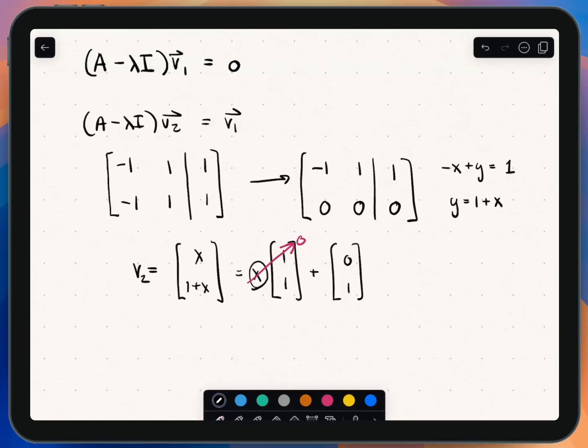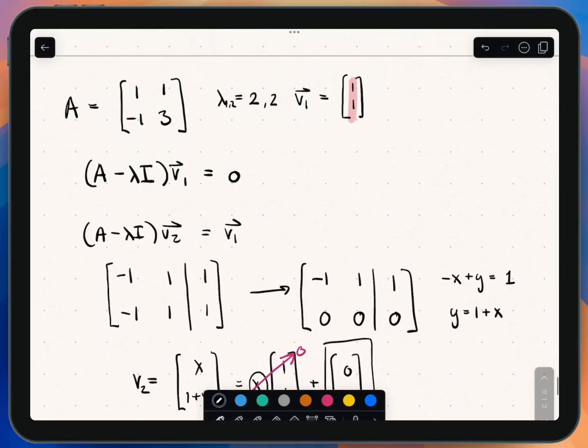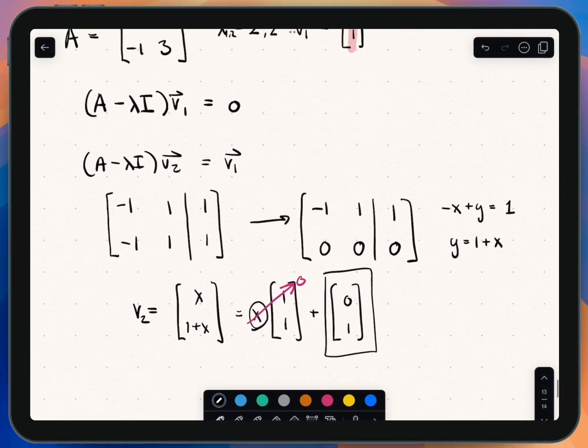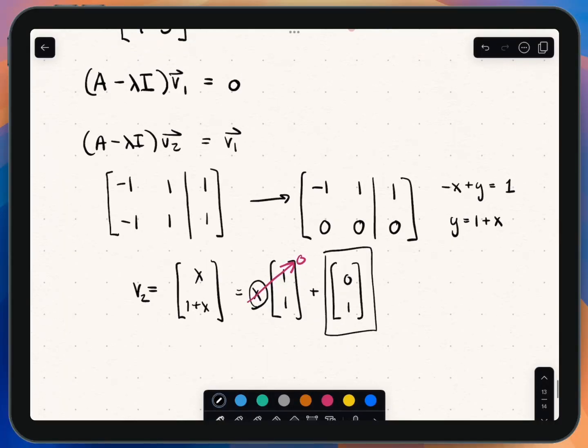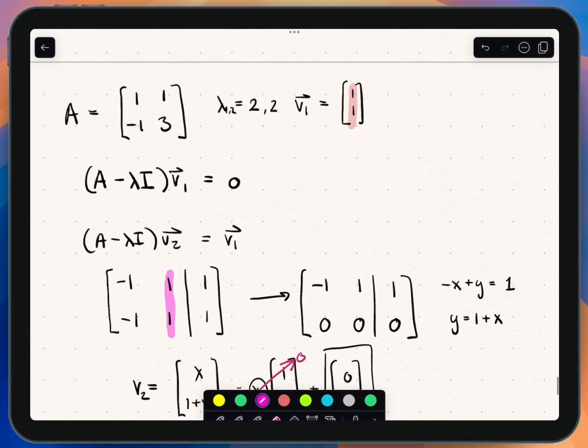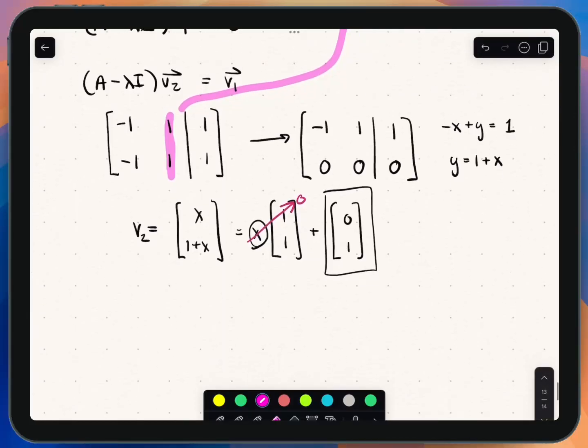And we're left with the generalized eigenvector (0, 1). And we can try it out. Because if I do (0, 1), we will pretty much pick out this second column right here, which indeed corresponds to our eigenvector that we started with.